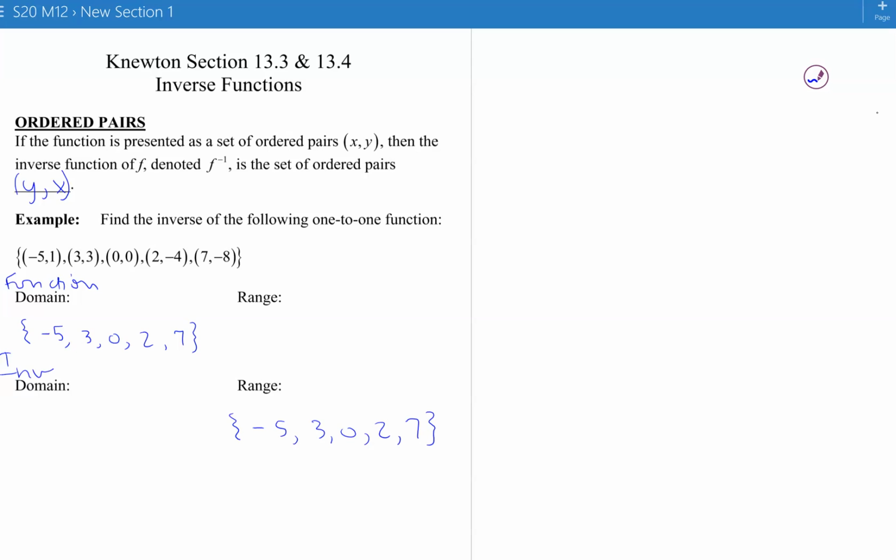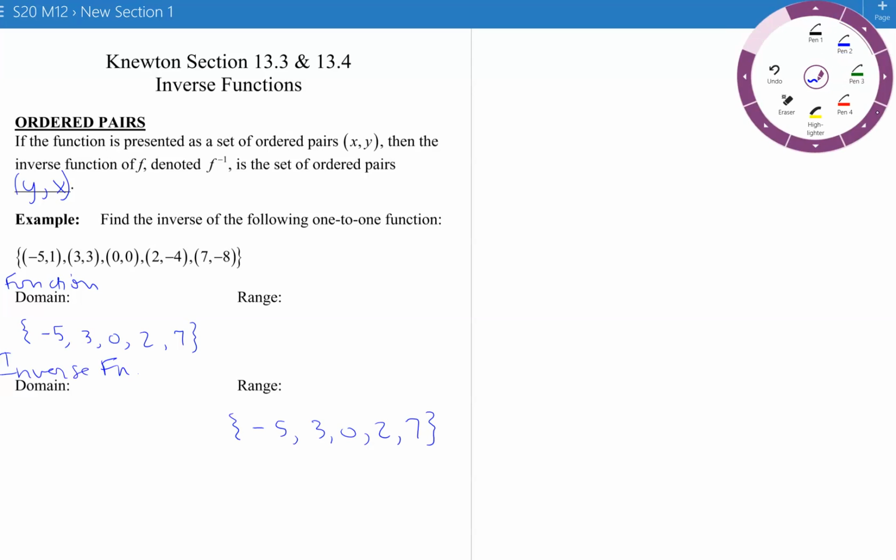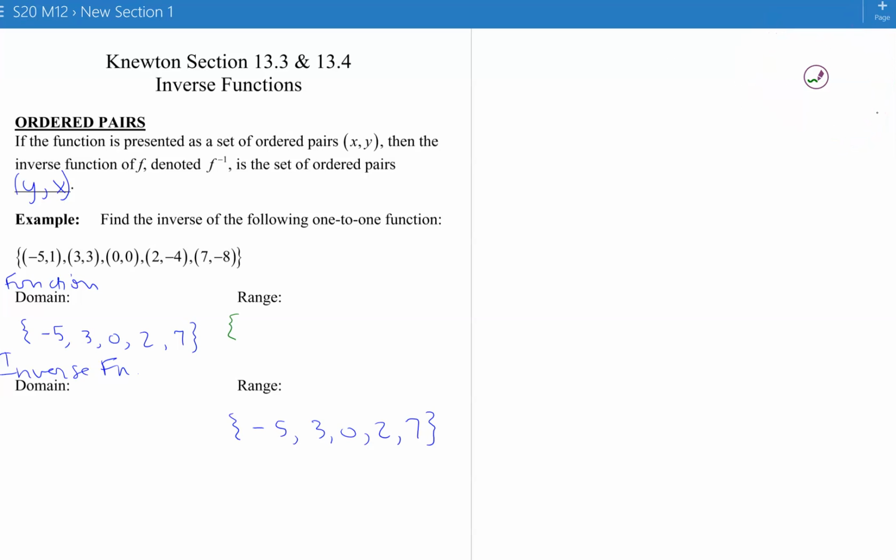So this is if we're talking about the inverse function. So then the range of the function is 1, 3, 0, -4, -8, the y values that we see. So that is the domain of the inverse function.